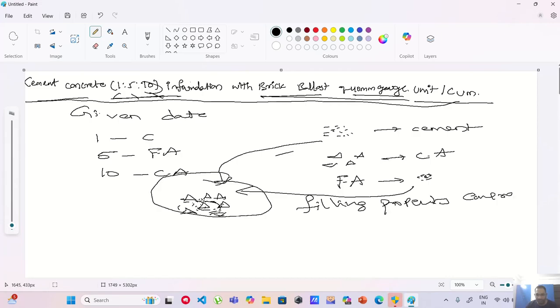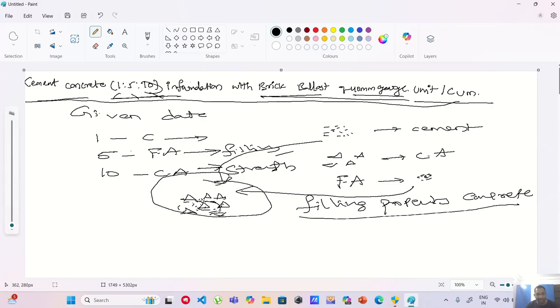Why I'm explaining this is that it will be useful in the coming problem. Cement we use for its binding property, fine aggregate we use for its filling property, and coarse aggregate we use for strength.